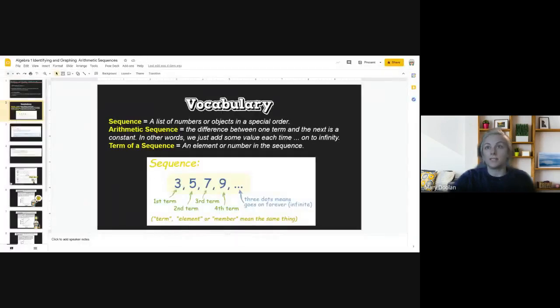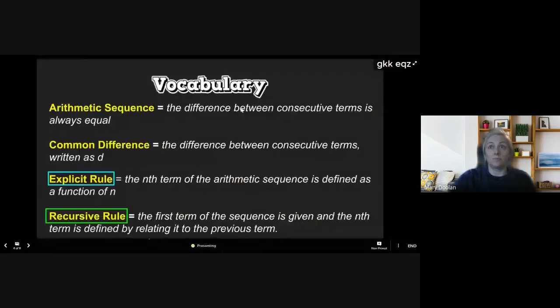Okay, right here, this is how we defined it on Monday. An arithmetic sequence, the difference between one term and the next is a constant. Well, that's the same thing as we have in the presentation. The difference between consecutive terms is always equal. It's always the same number, so it's phrased a little differently.